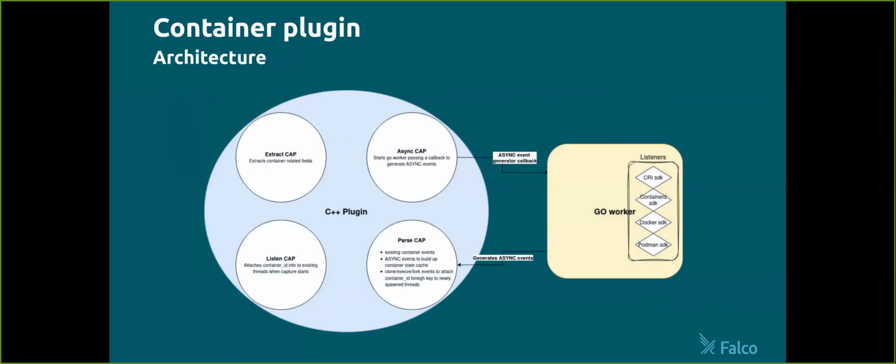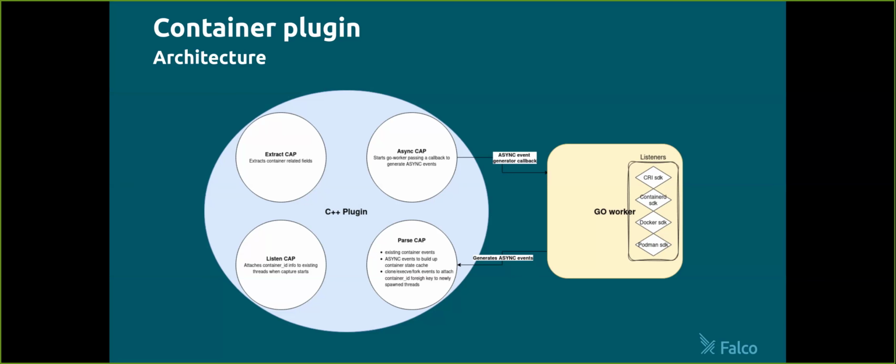Here you can see the plugin architecture, and it's pretty convoluted. The plugin API is implemented by a C++ plugin, but then we have a Go worker that does all the SDK listener work, so it attaches listeners from various SDKs, and they communicate through a Go API that is exposed by the Go worker.